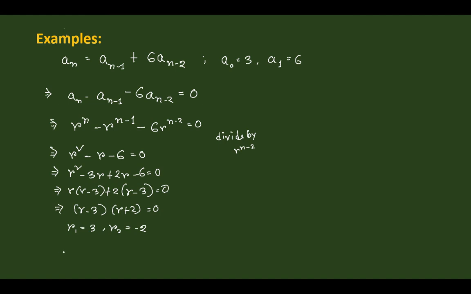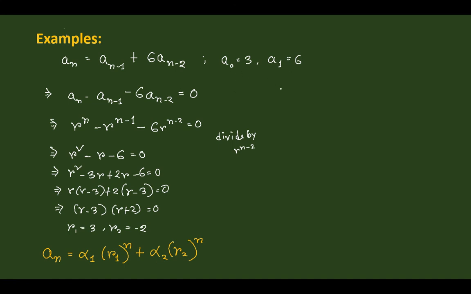Our solution should be a_n equal to alpha 1 r1 to the power n plus alpha 2 r2 to the power n. We know the values of r1 and r2, but we don't know the values of alpha 1 and alpha 2. So what we're going to do, we're going to find out the values of alpha 1 and alpha 2.